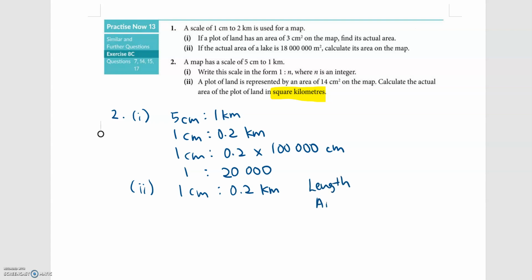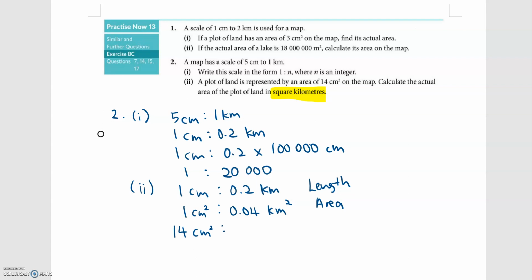So I need to change it to the ratio of areas by taking the square on both sides. So I will get 1 cm square is to 0.04 kilometers square, if I were to square 0.2. So on the map, it is 14 cm square.